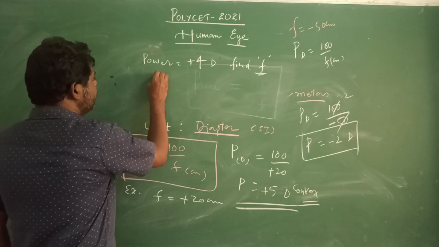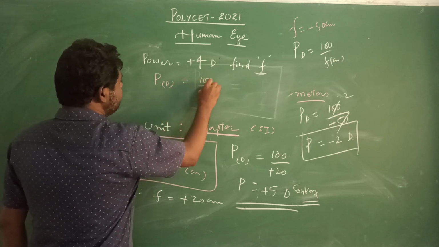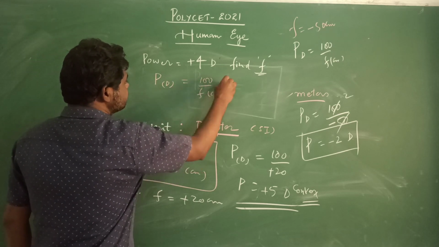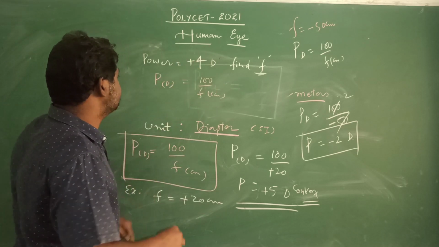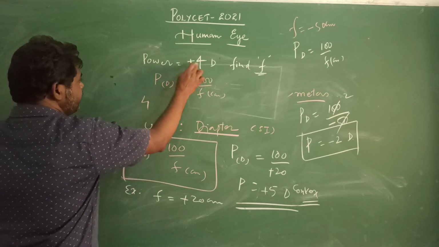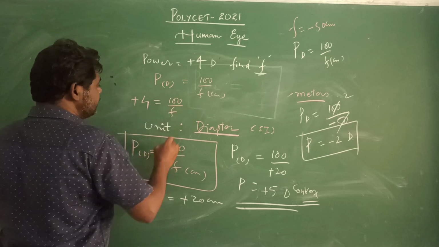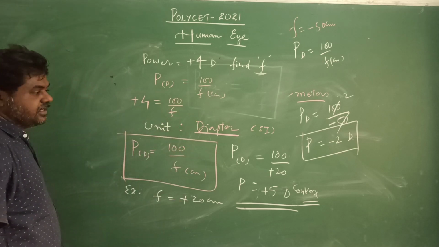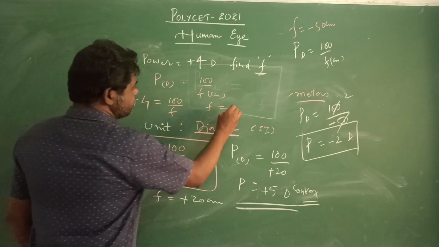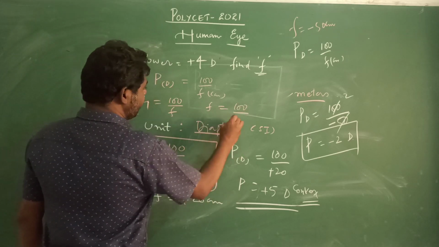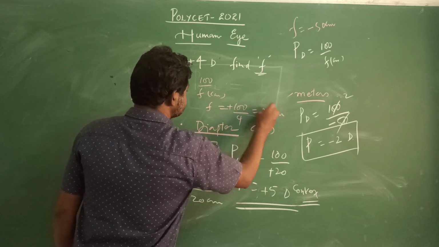Use the formula: power in diopters is equal to 100 by focal length in centimeters. Power is given, so no problem. So 4 is equal to 100 by focal length in centimeters. So focal length is 100 by 4, which is +25 centimeters.